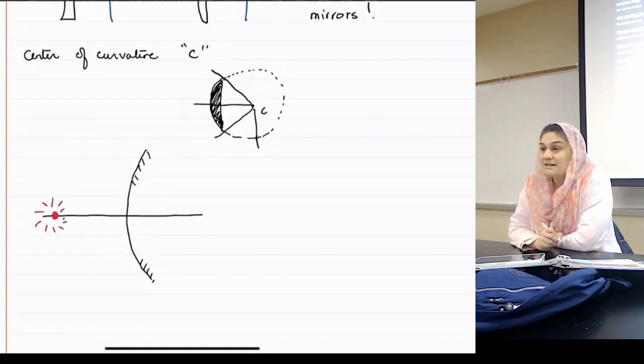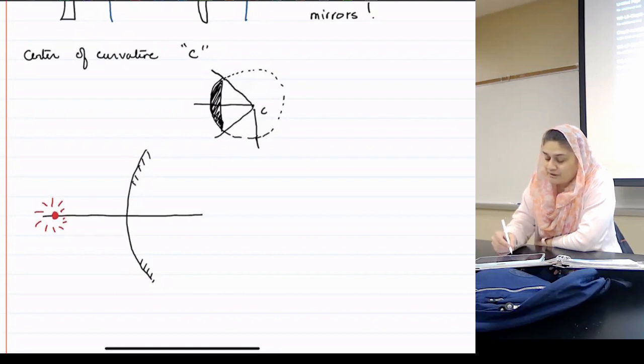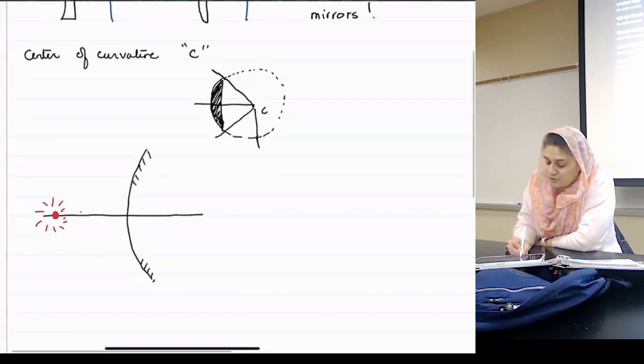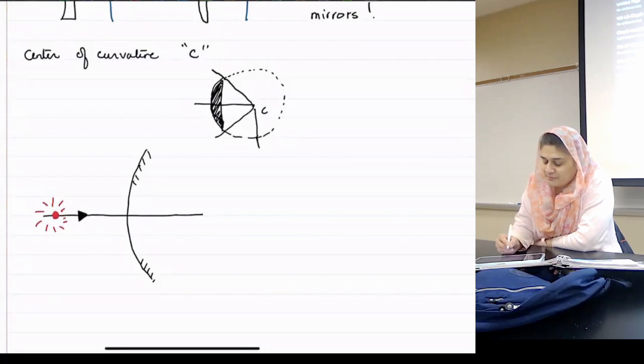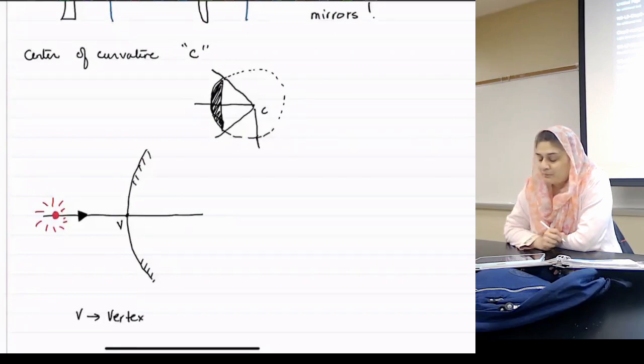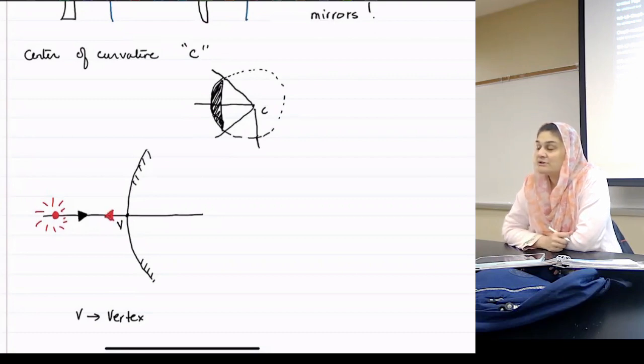I'm going to take two particular rays. The first ray is normal to the surface at this point, which is called the vertex. What will happen to this ray? It will be reflected back onto itself.